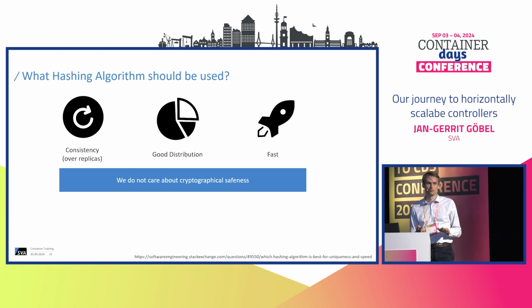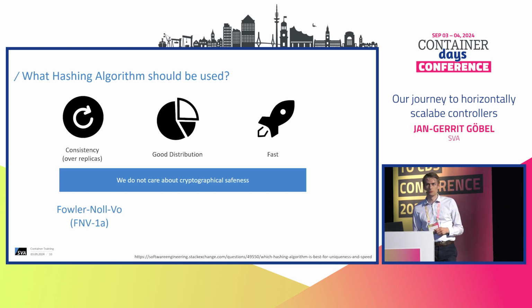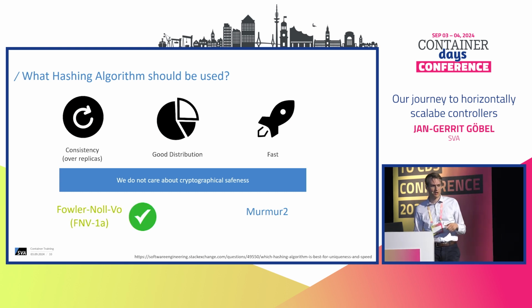This has nothing to do with cryptography, so we only need one that fulfills all of the above. There are 2 we came across: FNV and Murmur 2. They might be unfamiliar to you, but they are used when you want a good distribution that can be calculated fast. We chose FNV because of its existing Go implementation, and the controllers are written in Go.